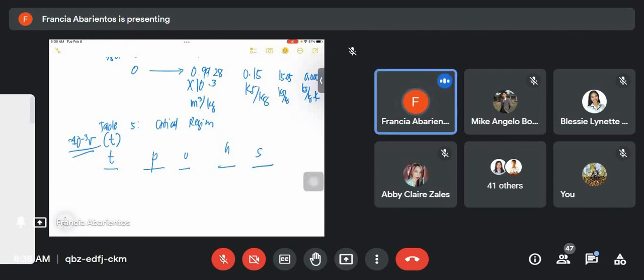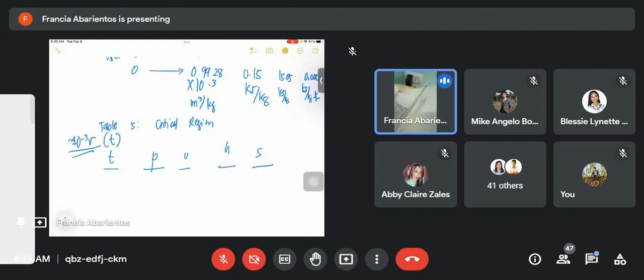And last but not the least, class, sa hulihan ng iyong steam table, we have the boiler chart. So, pag binuka mo to class, isa itong banig.